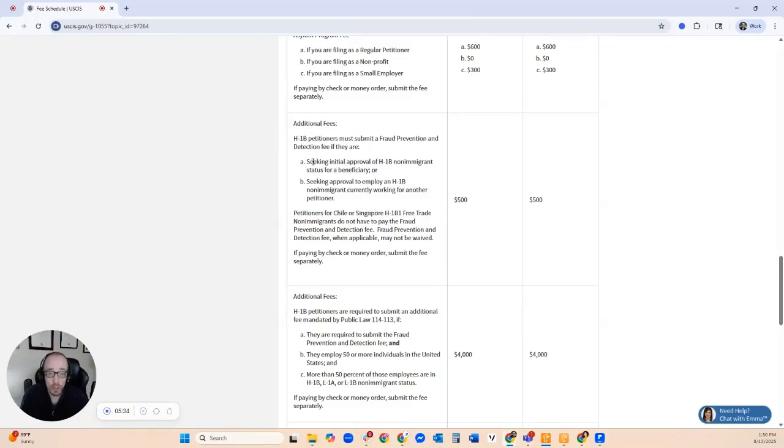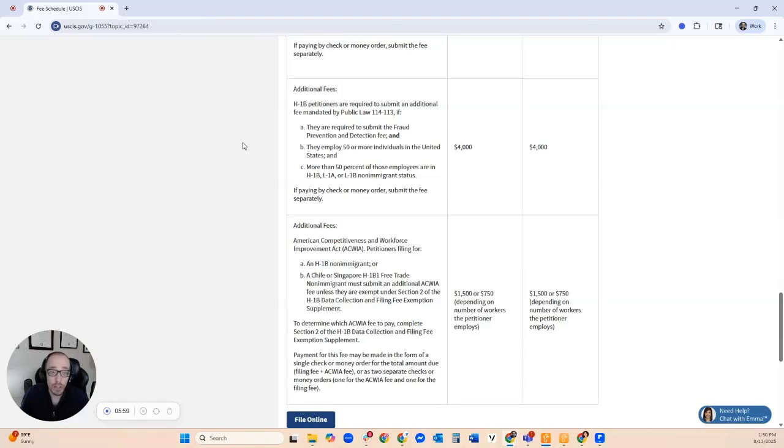So whether that's an initial approval of the person's first time ever H-1B, or whether it's an employer filing for a change of employment. So if your new sponsor is doing a transfer petition to poach you from a different company and have you come working for them, then it also is subject to the $500 fee.